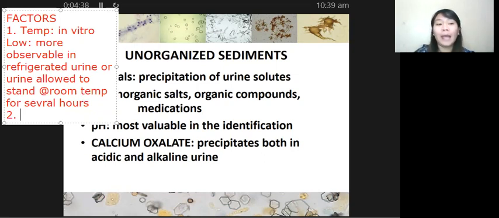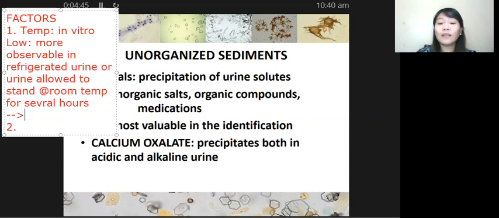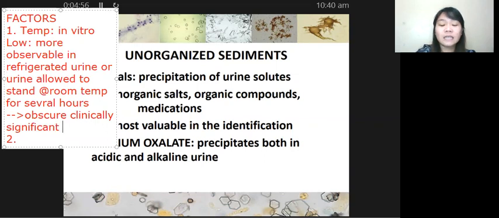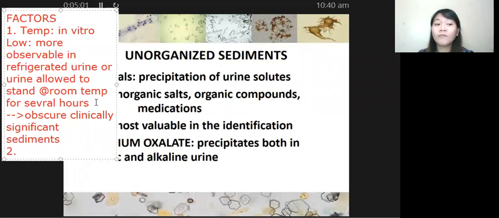The problem if, for example, merong mga crystals na nag-precipitate due to a low temperature, take note that these crystals will obscure clinically significant sediments. So sa sobrang dami niya, doon sa ating refrigerated urine or prolonged standing urine, pwedeng matakpan, di ba? Yun ang ibig sabihin ng obscure. Pwede po niyang matakpan yung mga clinically significant na sediments. So yun yung problema dito.